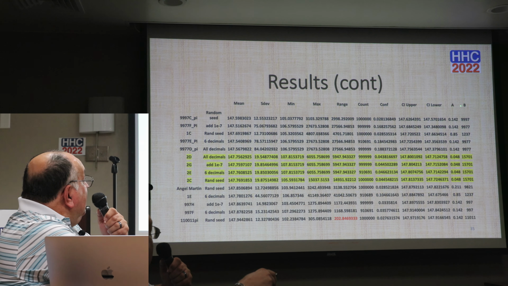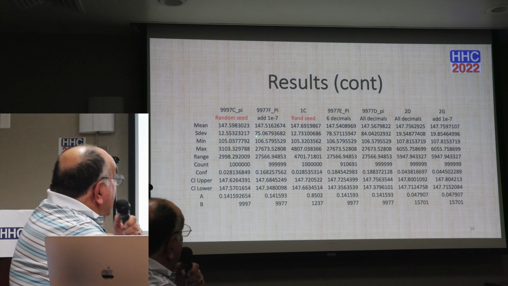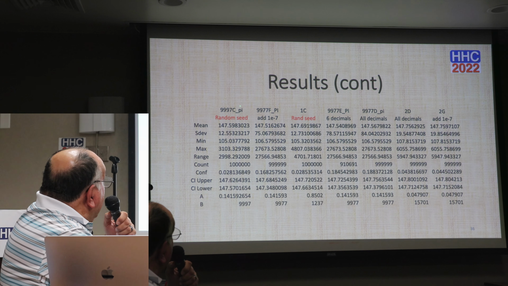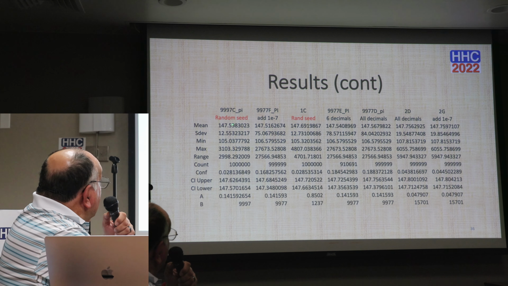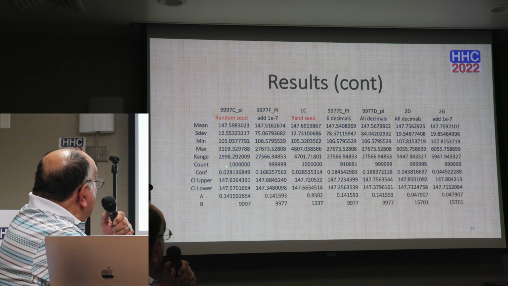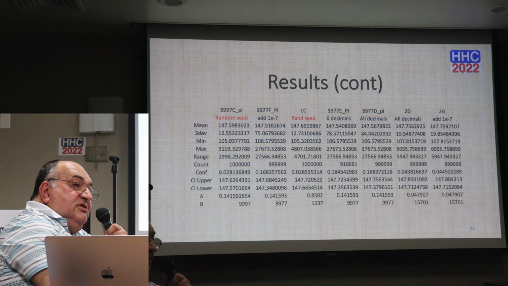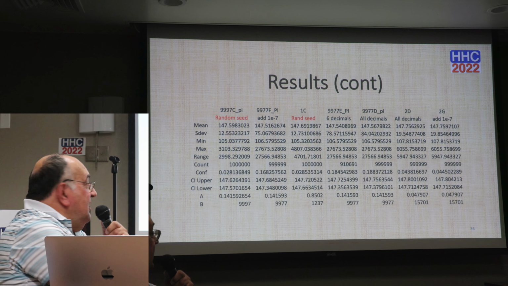I'm going to transpose it and chop it into 2 slides. The best one is the 9997 plus pi, the random seed. But here, in order to get this good result, you need to put 10 digits initially.